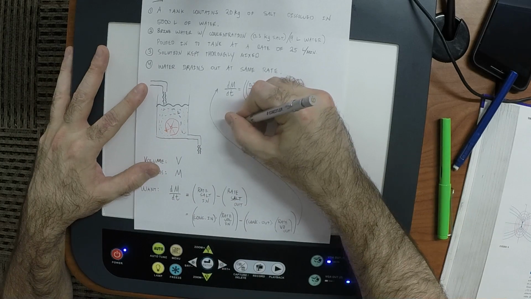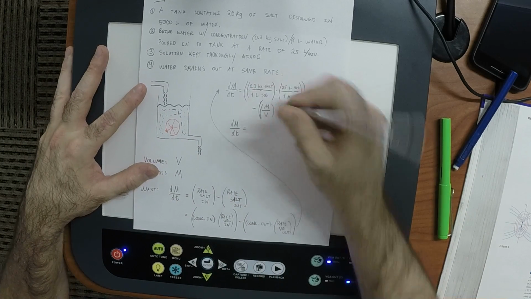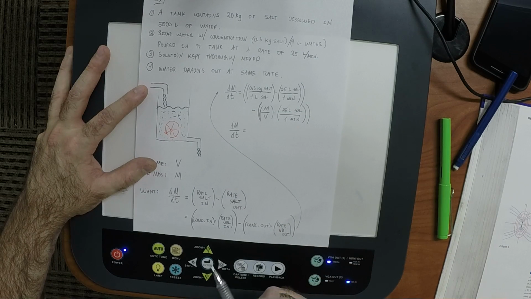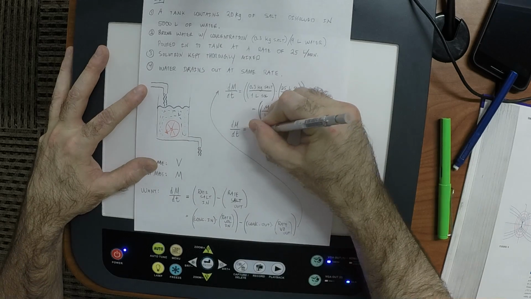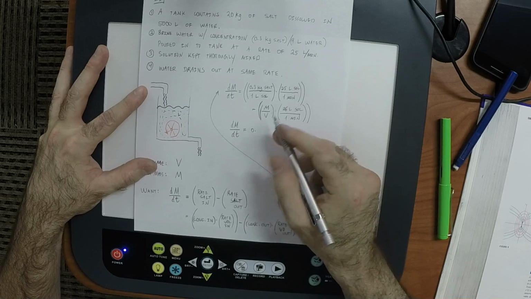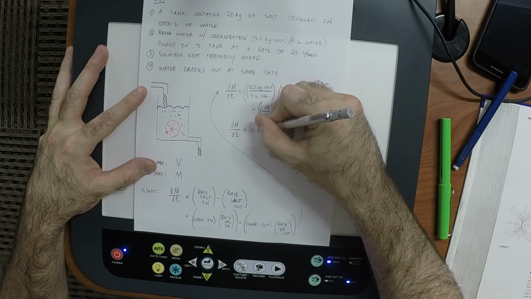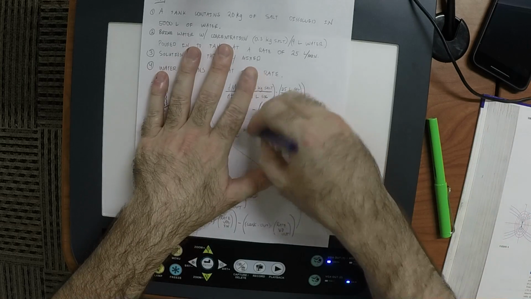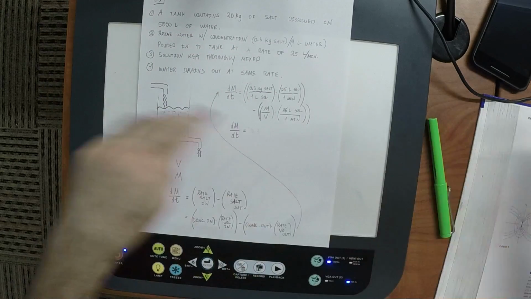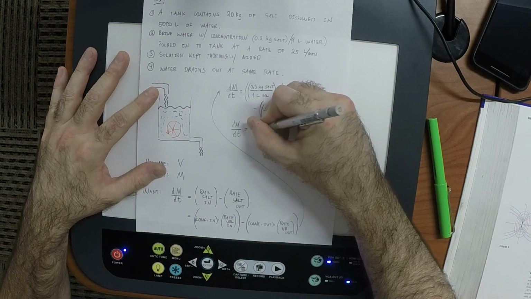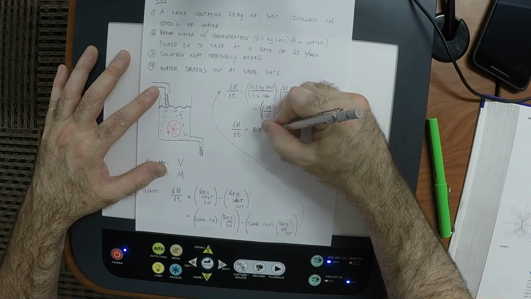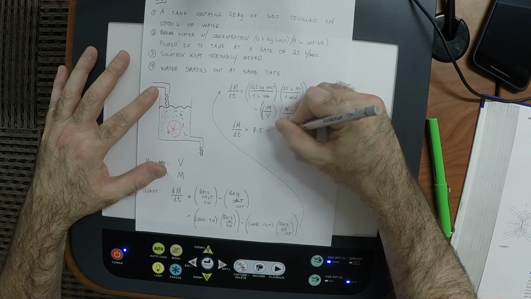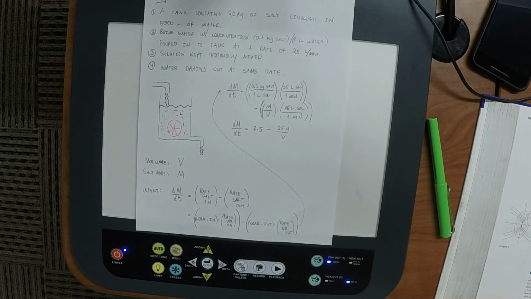Okay, so then we have dM/dt is, well, 0.3 times 25 is what? 0.75, right? Is it? Let's check that. Or is it 7.5? 7.5. So that's that first term. And then subtract 25M over V, ignoring the units.